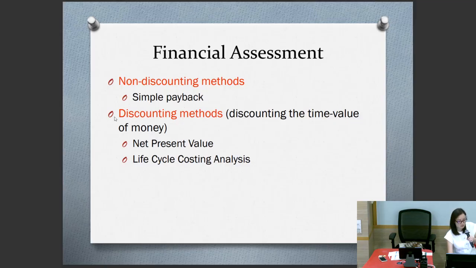And we also have some discounting method. So we take the discount factor into our calculations, discounting the time value of money. It is based on the fact that the money you receive today is worth more than the money you receive tomorrow, because everyone has certain money earning power.